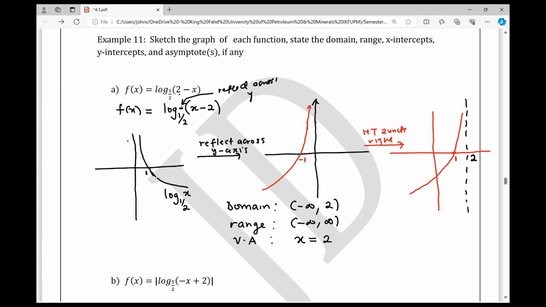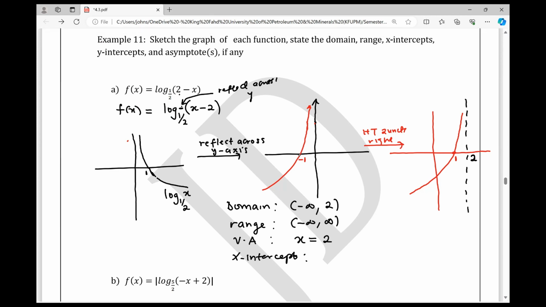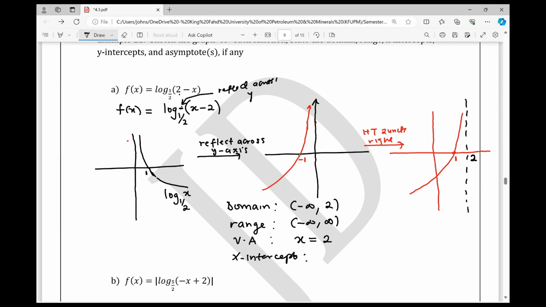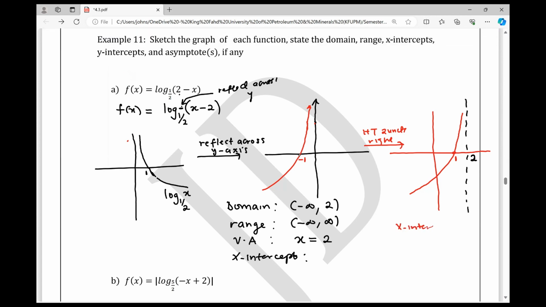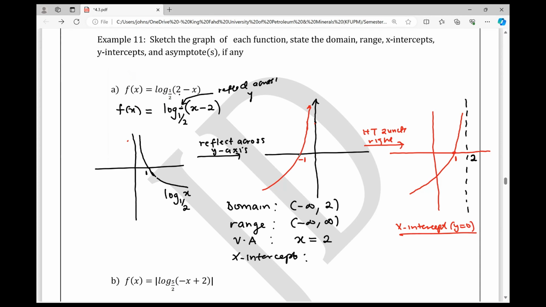Then what else? We need the x-intercept. We can easily find it by substituting y equals 0.